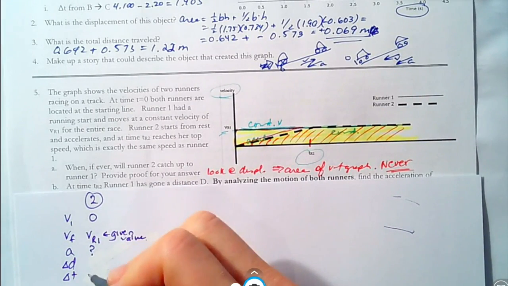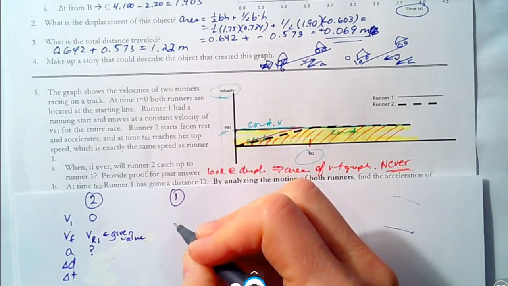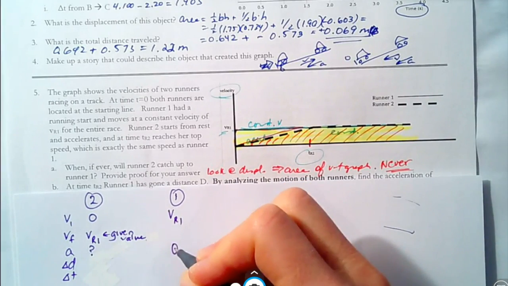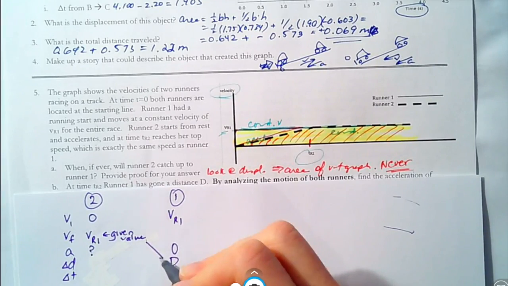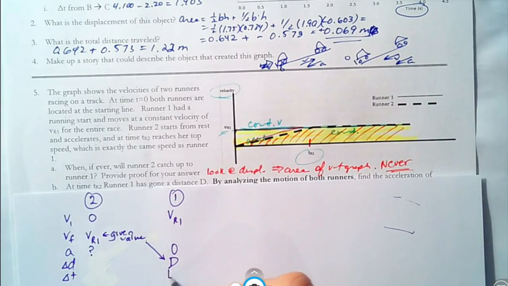We don't really know anything else. We do know that runner 1, who goes at constant speed of VR1, has no acceleration, covers a distance d. That's a given value as well. And this is at TR2. So these are facts that we know.